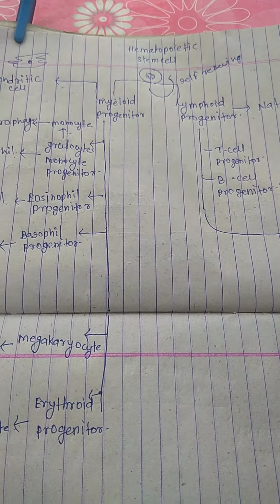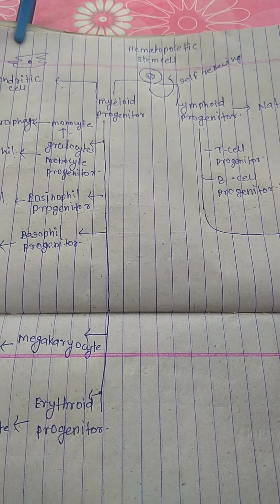These platelets are very important for clotting of blood. And these myeloid progenitors also form erythroid progenitors, which form erythrocytes.